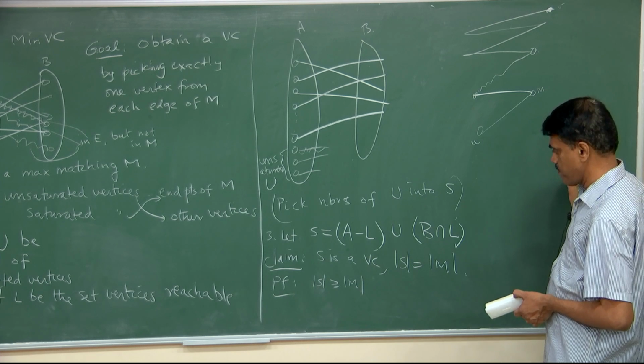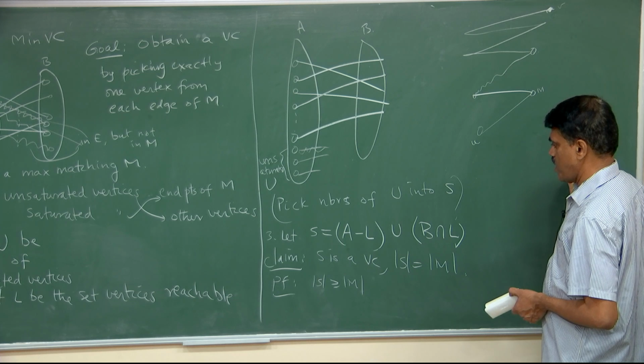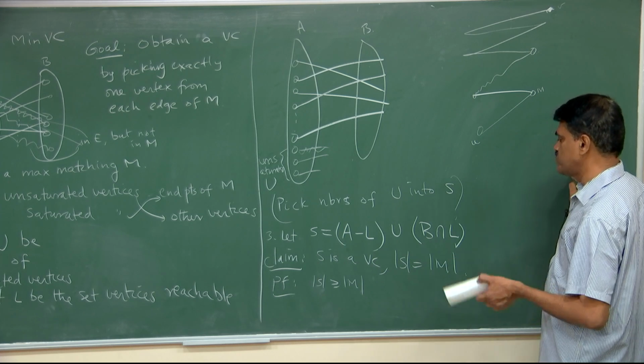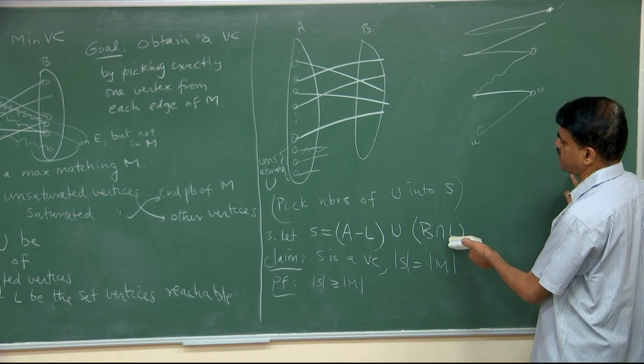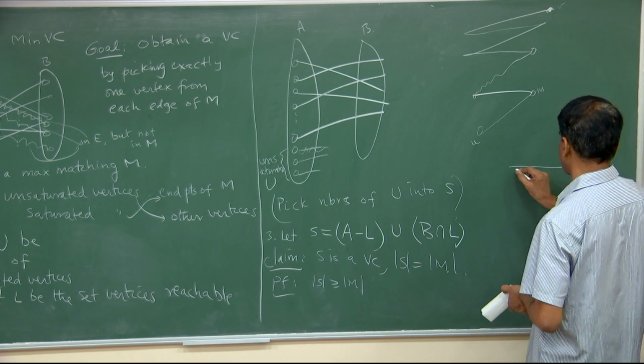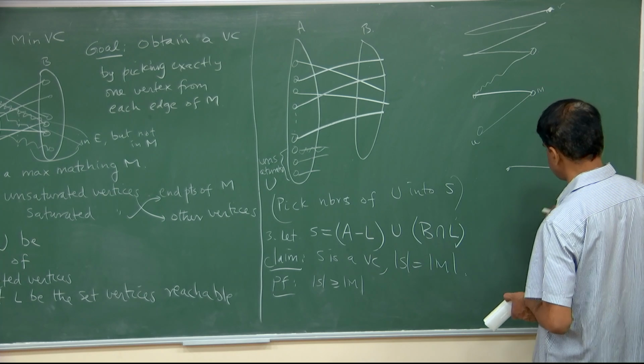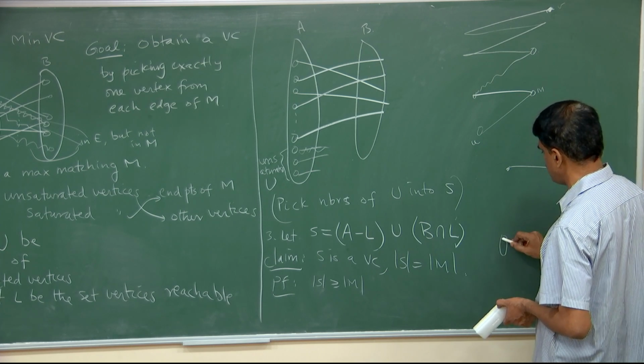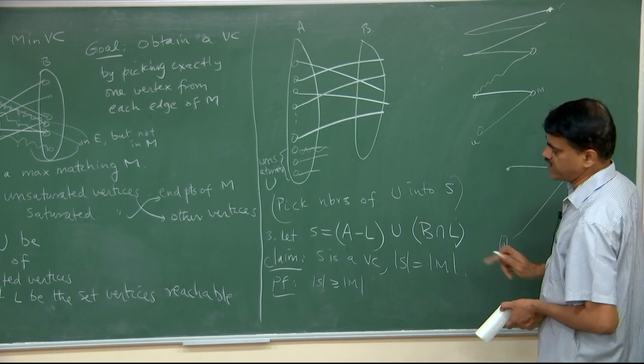So what I want to show is that for every matching edge, I have picked at least one vertex. If I look at a matching edge, if this endpoint is reachable from a vertex in U, then I would have picked it.